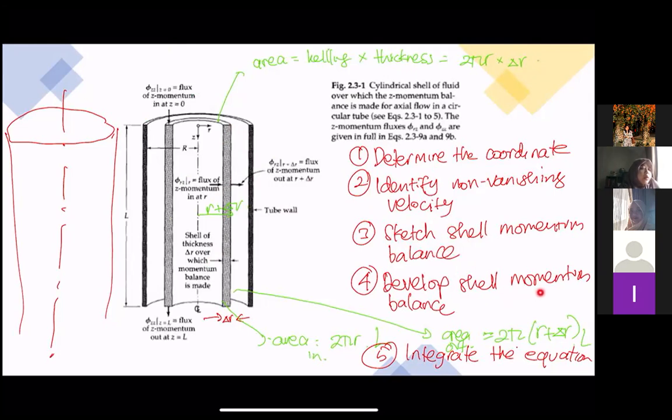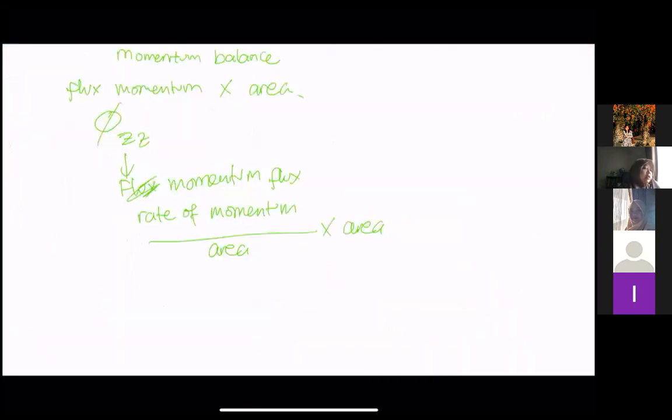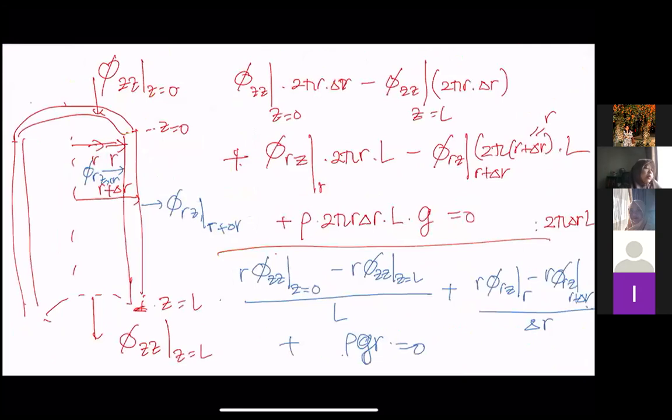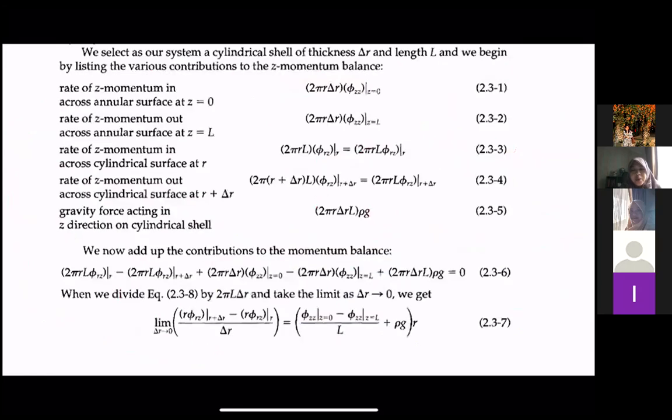And the next one, I will ask develop the shell momentum balance over this thin shell. This is what you should do: write the momentum balance from momentum in to out, and then divide it with the right denominator, like Christian said. Of course, it's going to be different between the Cartesian coordinate and the cylindrical coordinate.